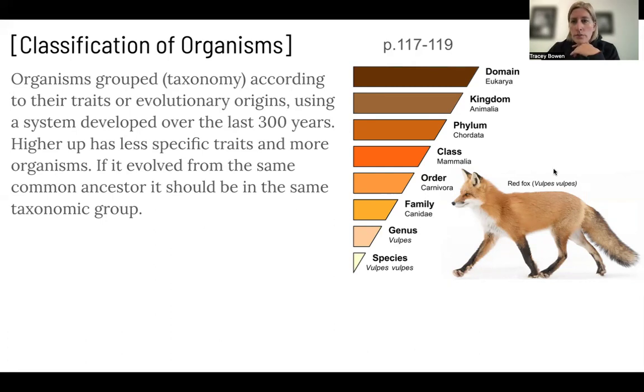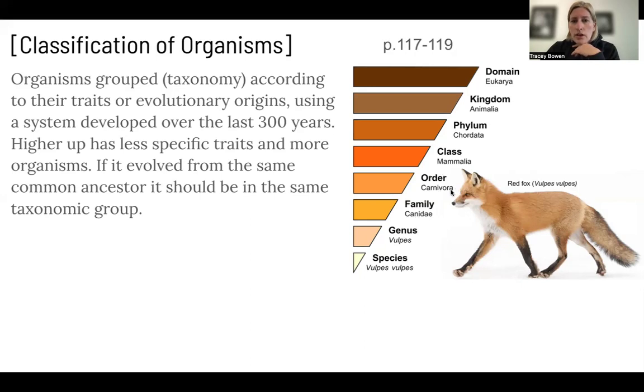So Vulpes here is the fox, and you can see it's in the family Canidae, canine. And so if we had canines in here, you would expect there to also be dogs and wolves in this group. But they wouldn't be in the same genus or the same species.